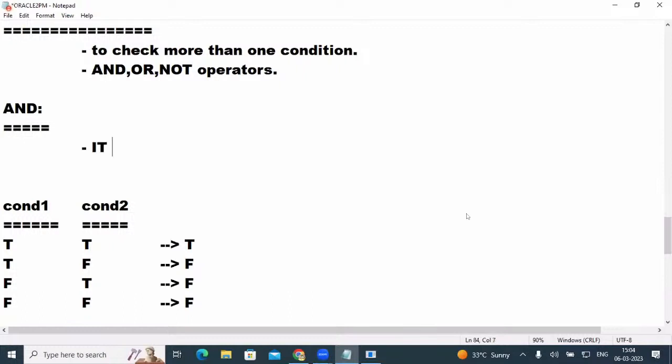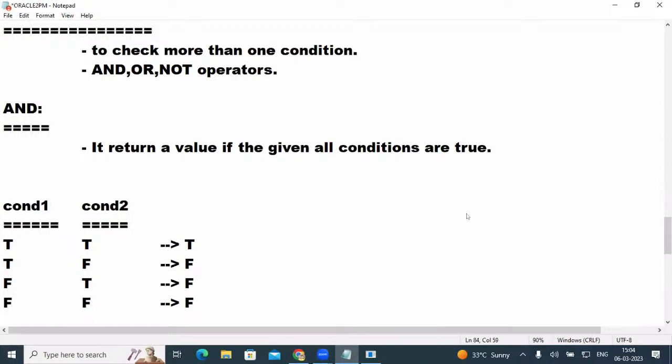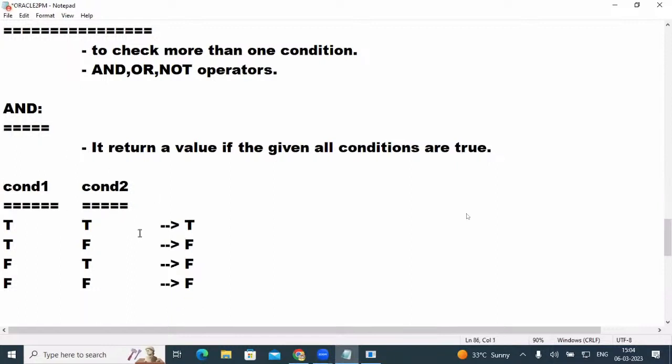Now write down below: the AND operator returns a value if all the given conditions are true. And the definition below this: condition 1 and condition 2.